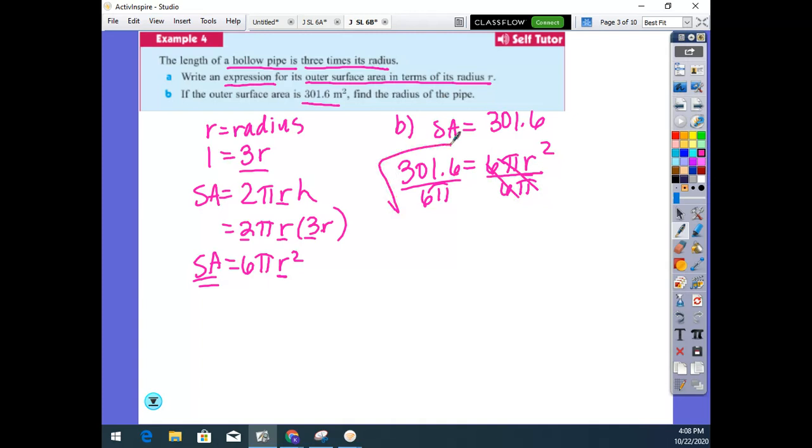Then I take my radius as the square root of this number. And this is approximately, there are no special directions, so I'm going to go 3 sig figs. So it's approximately 4 meters.